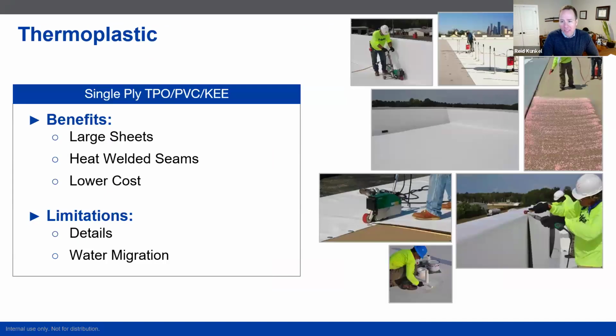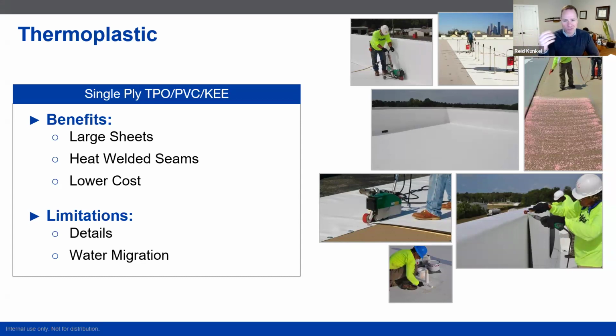First up, we have thermoplastic membranes. This category contains several different technologies. So there's thermoplastic polyolefin, which is commonly known as TPO. There's polyvinyl chloride, PVC, and then a little smaller subset of that is ketone ethylene ester, or KEE. They each have differentiators between them, but have a very similar application style.